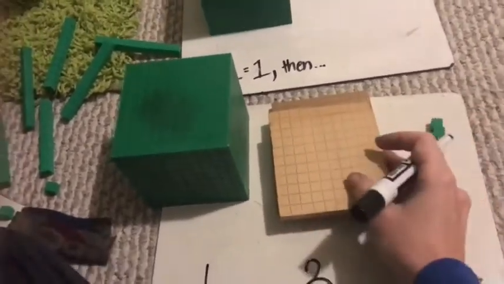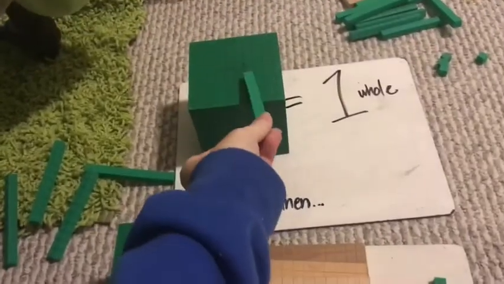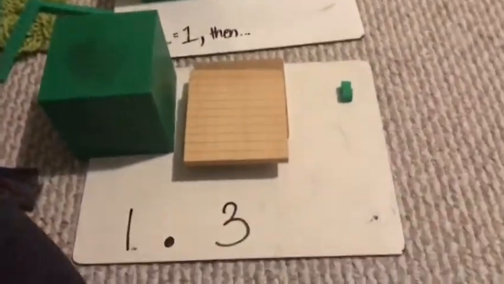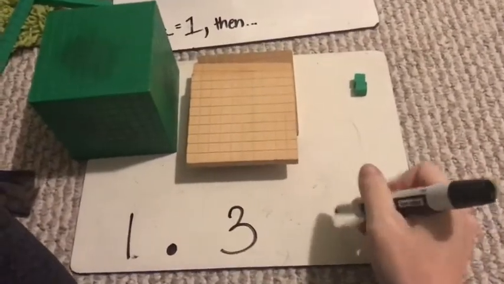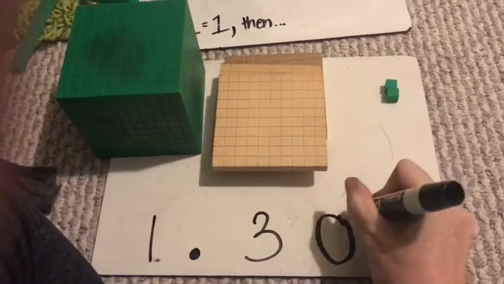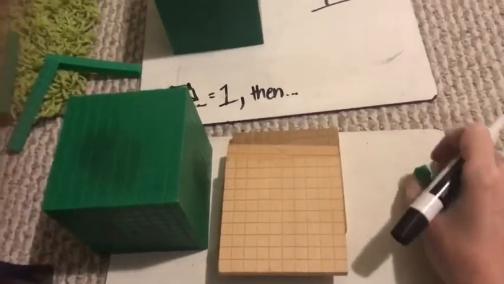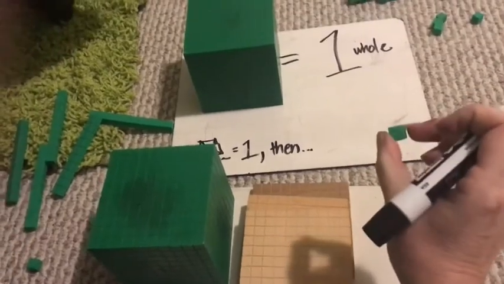Now I don't have any hundredths on this model. If I did, these would be hundredths of this whole, but I left them out on purpose. So since I don't have any hundredths, I need a digit in the hundredths place that shows that I don't have any hundredths. And that 0 would be my digit in the hundredths place. And then over here, I got to think about the value of each of these pieces.